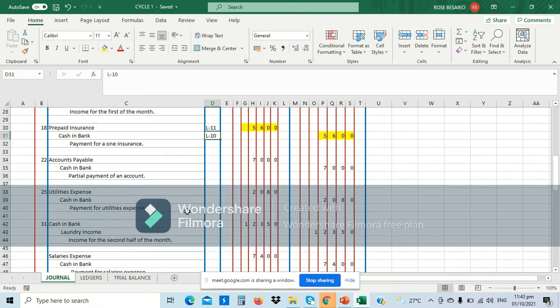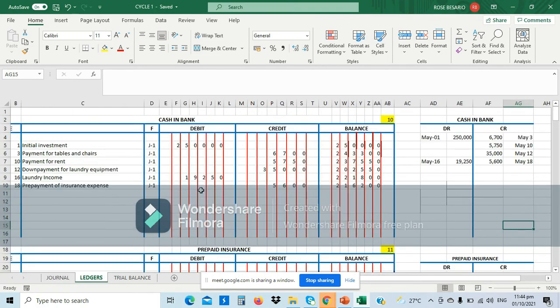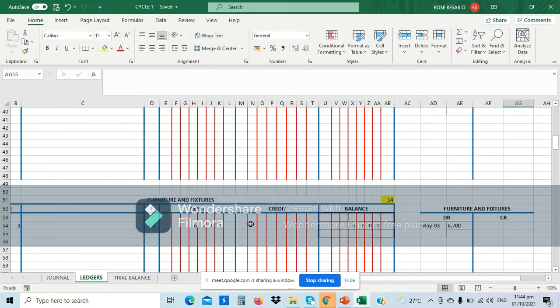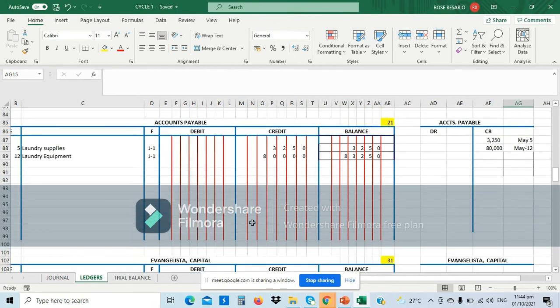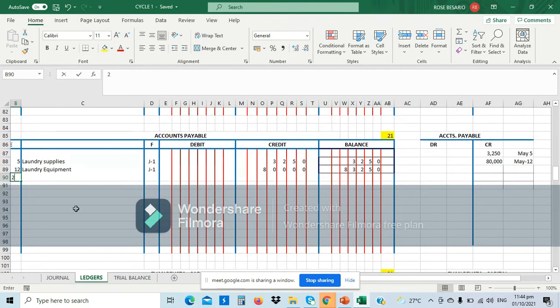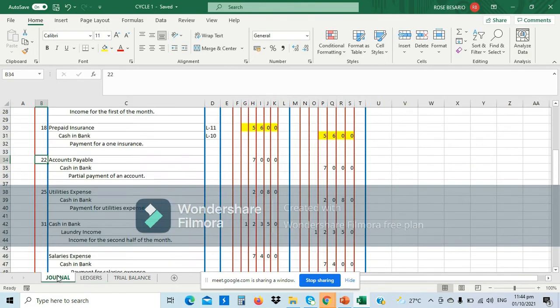We're almost done. 22, we have May 22 accounts payable. So look for accounts payable. This is 22. And what is this? This is a payment. Okay.